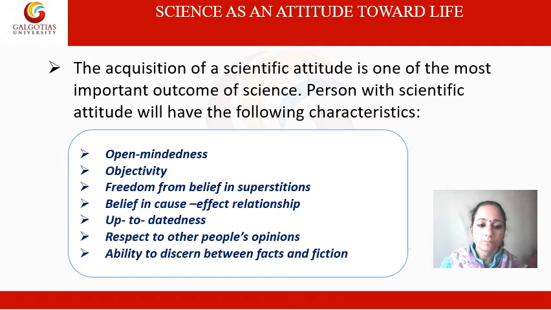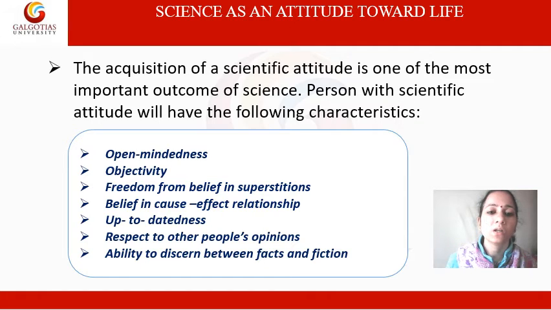Next thing is belief in cause and effect relationship. For developing a scientific attitude, we should have belief in cause and effect relationship. That if something has been done, then it is the effect of something.